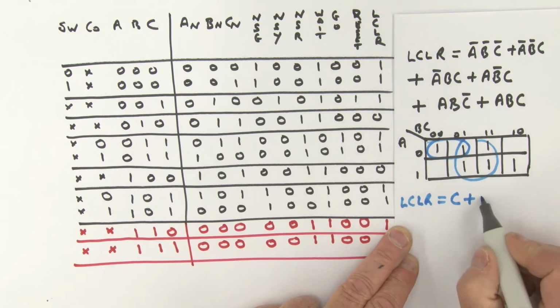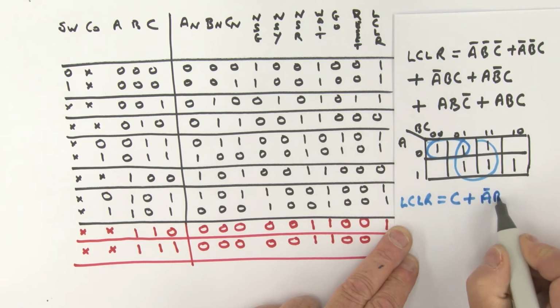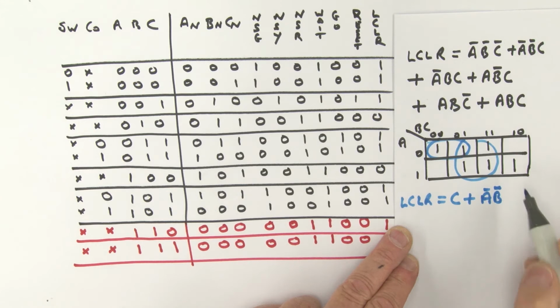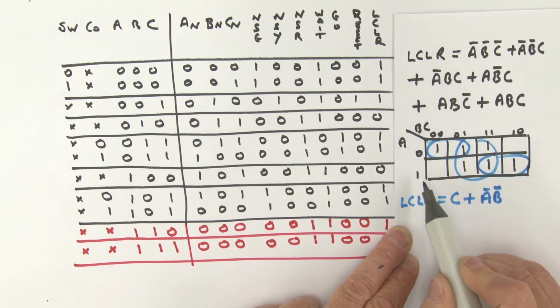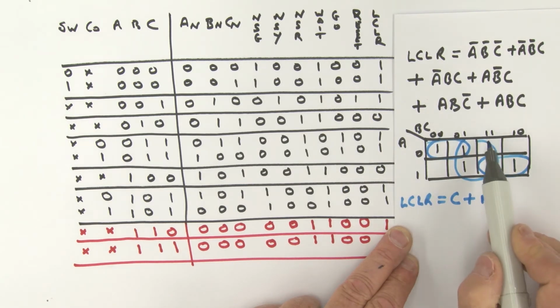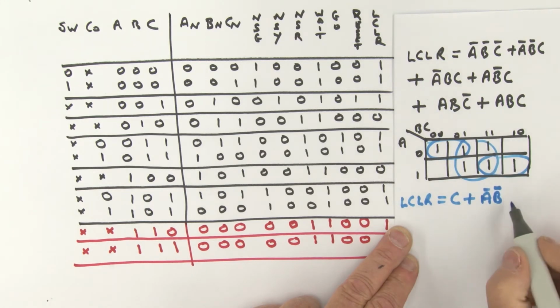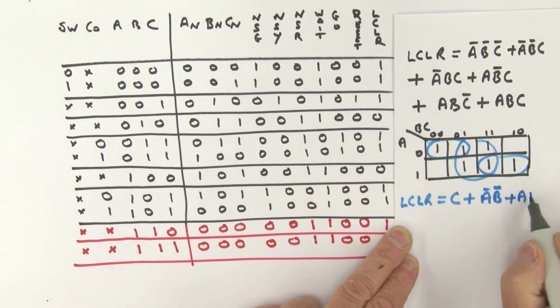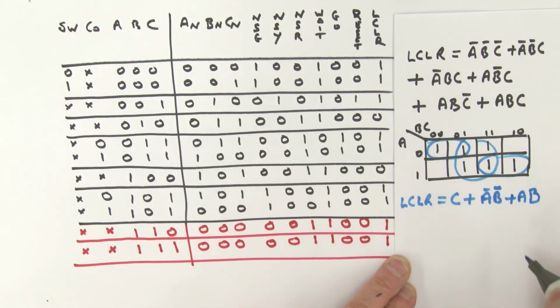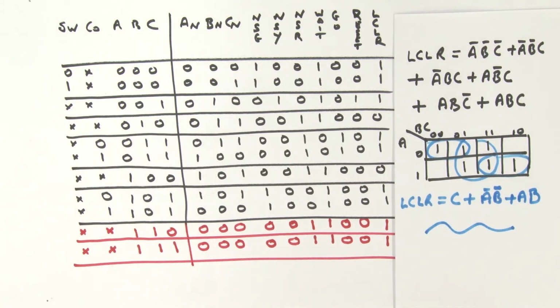B bar, isn't it? So that's A bar, B bar. And then the last grouping would be this grouping here, which would be A, and what am I seeing over here? B. So that is A, and that is B. And so that is my last Boolean equation.